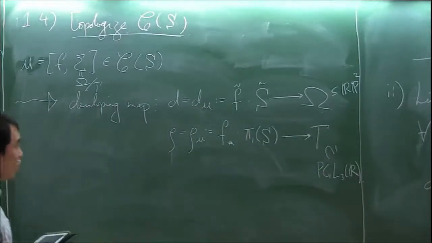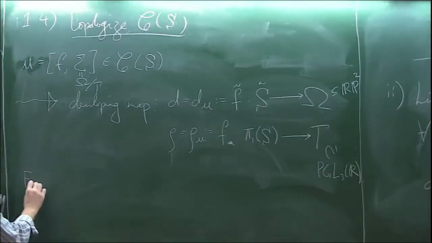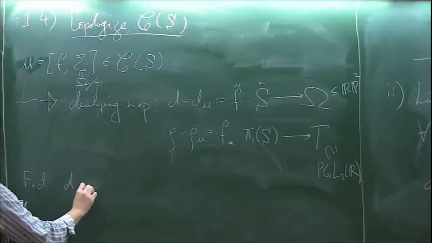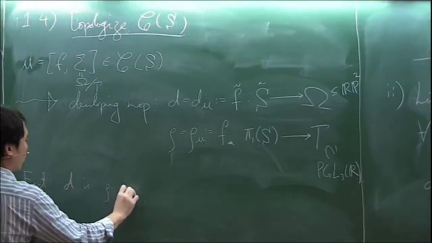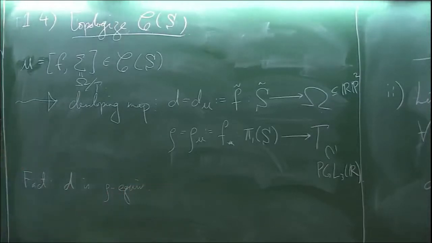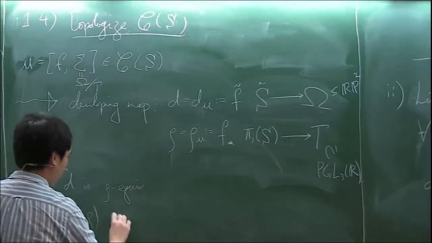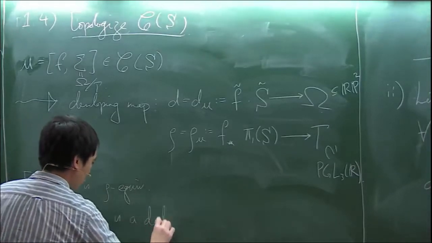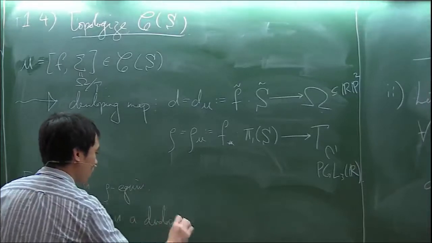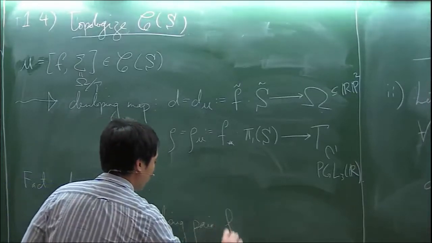It's not hard to see that D is rho-equivariant, and so the pair (D, rho) is called a developing pair for mu.